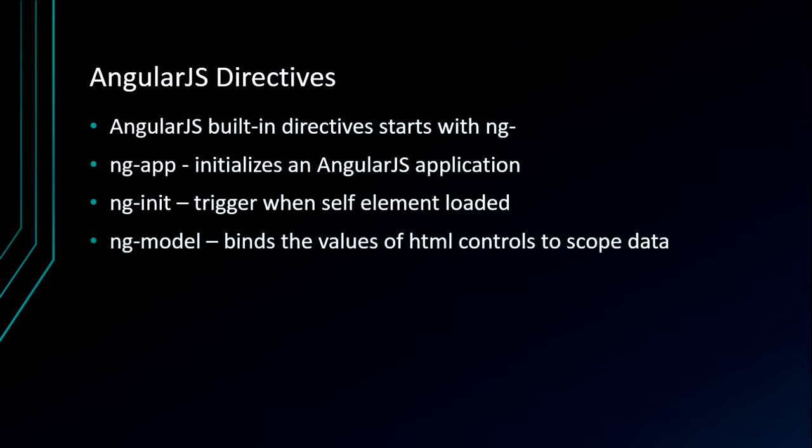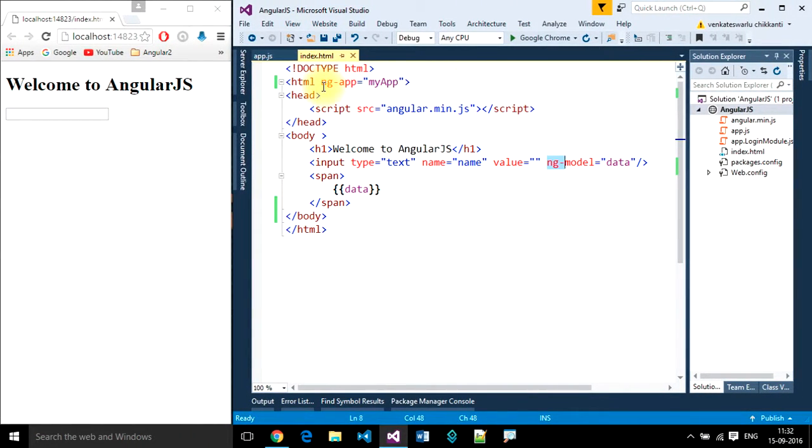Then ng-model. ng-model binds the values of HTML controls to scope data or application data. See this. This is the ng-app directive, starting with ng hyphen. Then this is the ng-model directive, which binds the HTML controls' data to this variable. We can use this variable wherever we want.